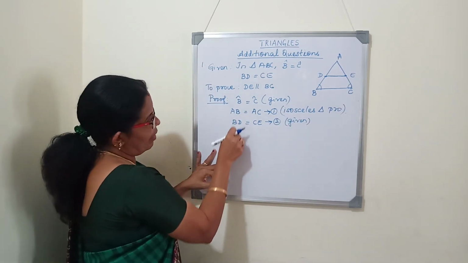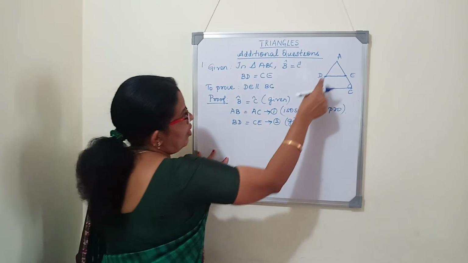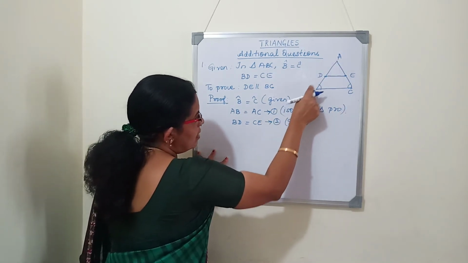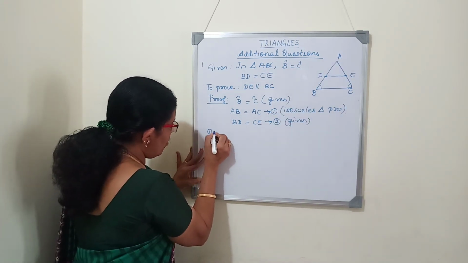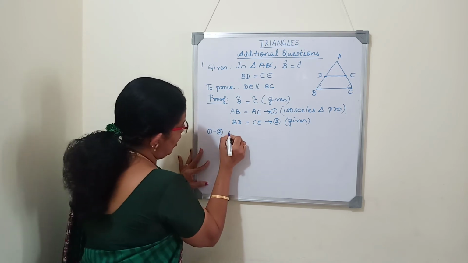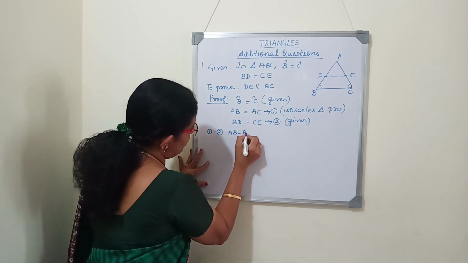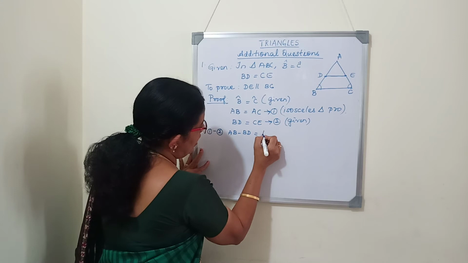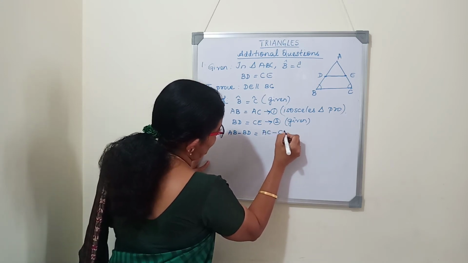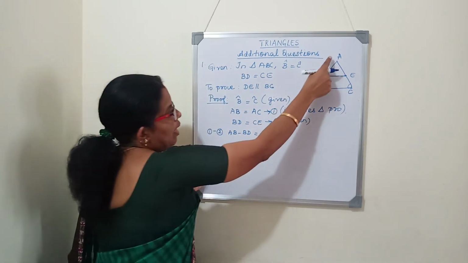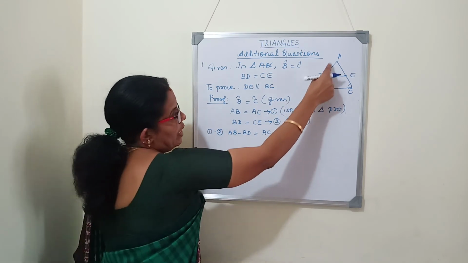Now if you want, we can write as it is, or we will subtract equation 1 minus equation 2. AB minus BD is equal to the right side AC minus CE. So AB minus DB, what will we get? We will get AD.